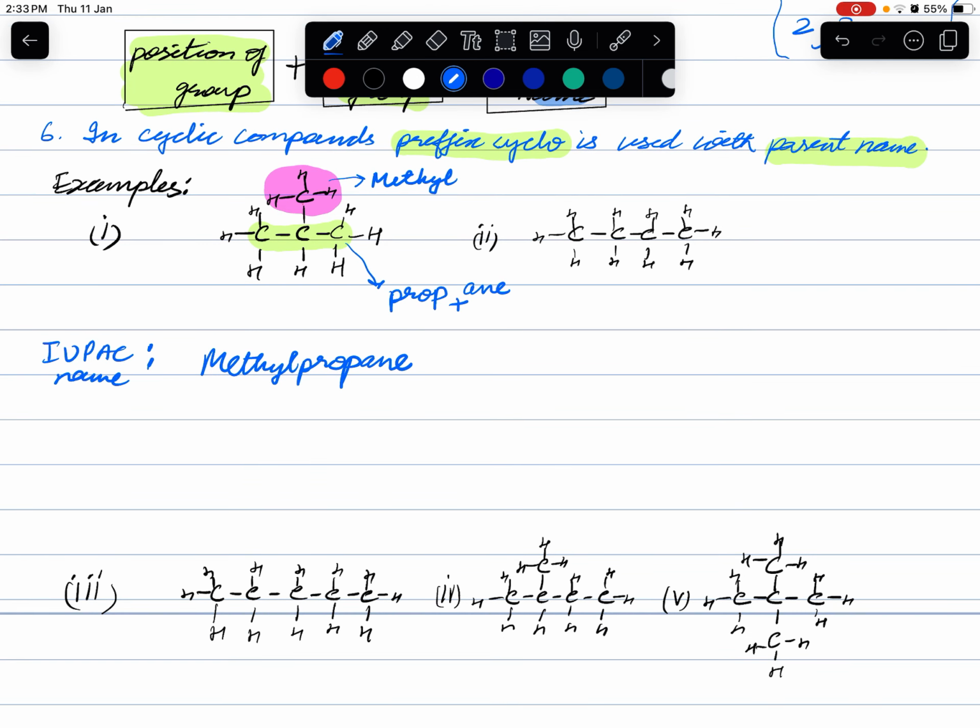Now the next compound. In this compound, we have 4 carbon which are arranged in a chain. So 4 carbon, that means what? But. And all single bonds, that means ane. Sorry, the IUPAC name of this compound is butane. Fine.